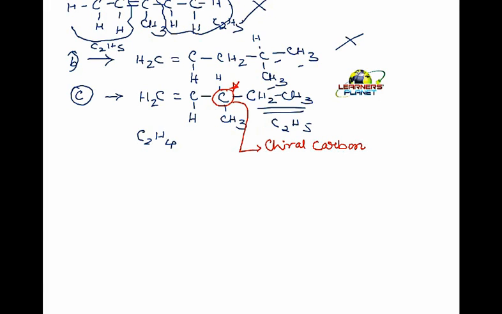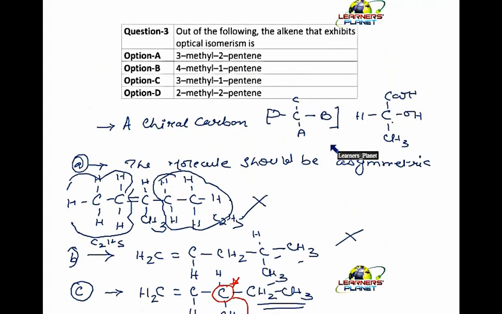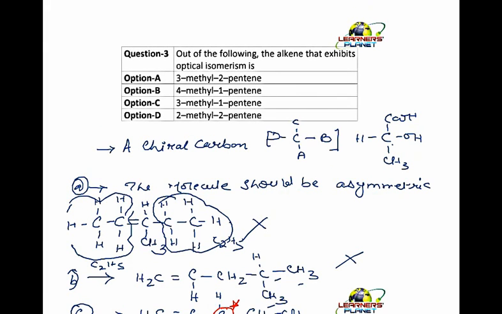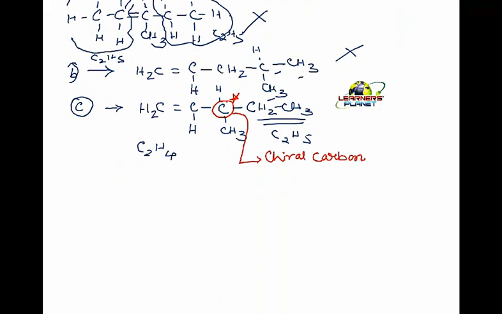And it doesn't have any plane or axis of symmetry. So what is our answer? It is a one option correct type of question, so we can mark this answer as correct. Right? Now let's check out this also.